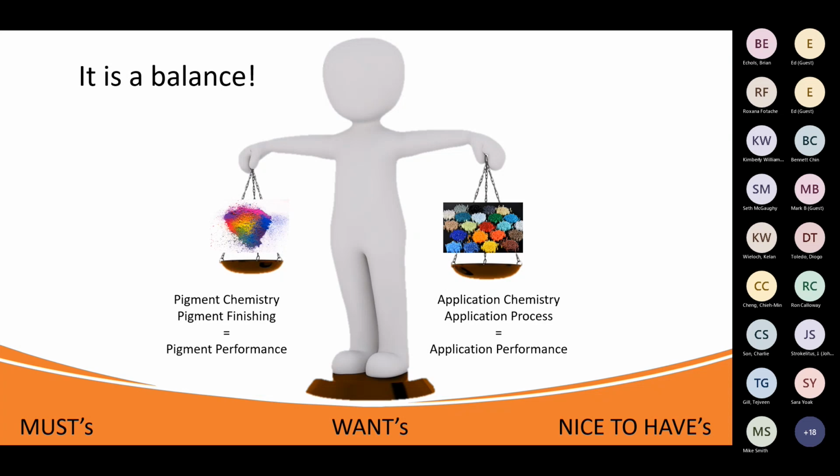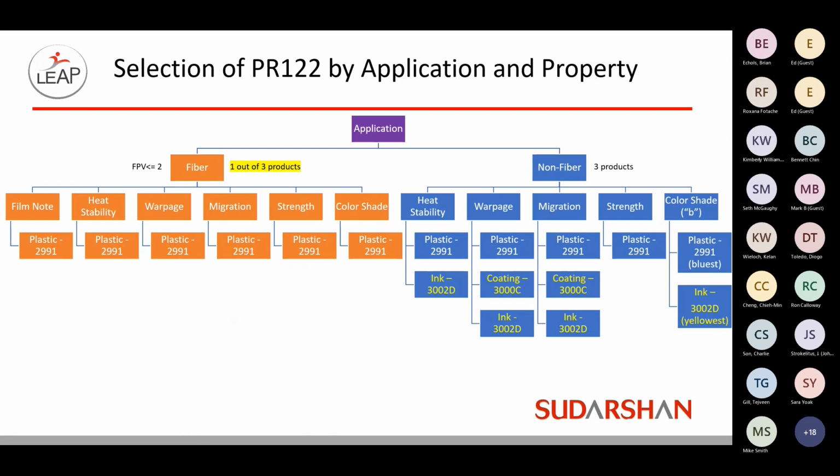So I've chosen 3 chemistries to take a look at, diving a little bit deeper into performance and how to select the best option for your need. The first one I'm doing here is the Pigment Red 122. In this particular evaluation, we had 3 examples that we included.